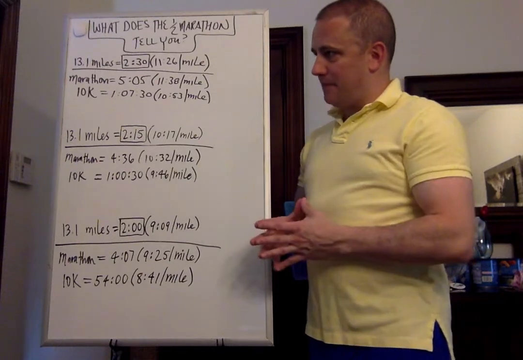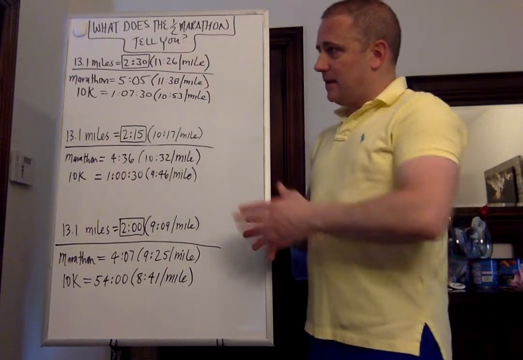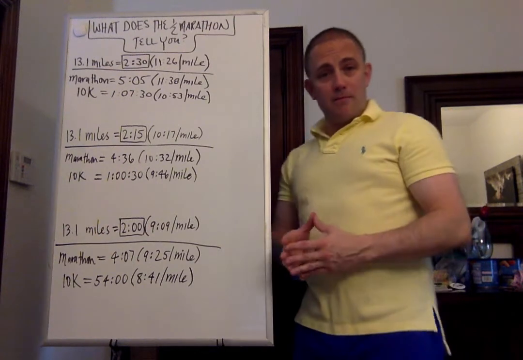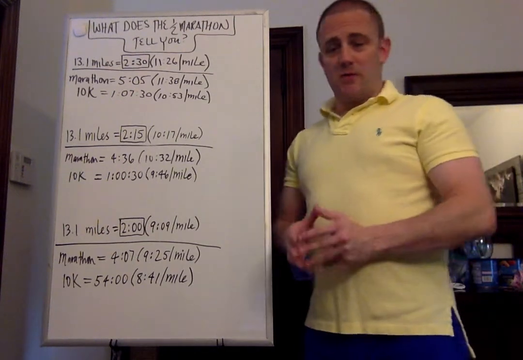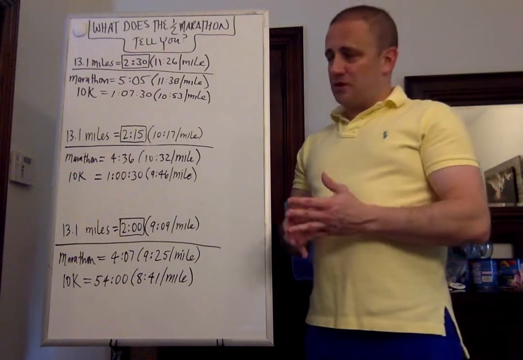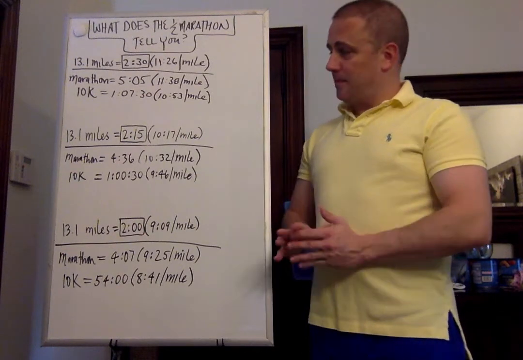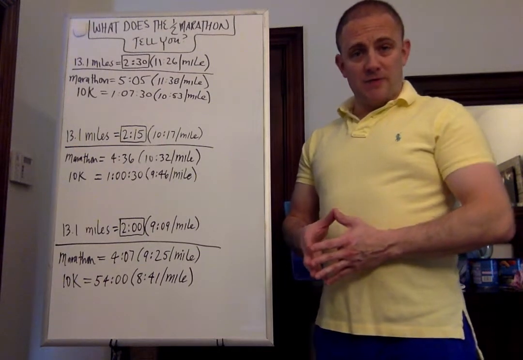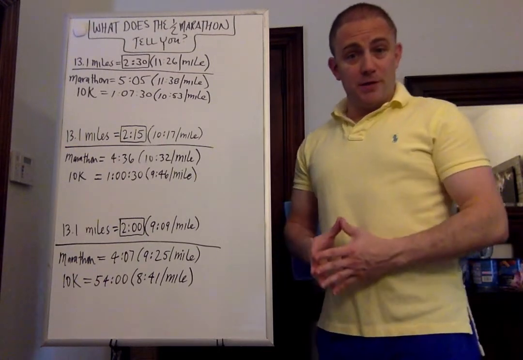And on the flip side, if you happen to be closer to that 10K than you are the marathon, then that's an indication of incorporating more marathon type training, whether it be increasing your long run, progression runs, tempo running, threshold training, marathon specific workouts, which we will go over in a little bit as well.